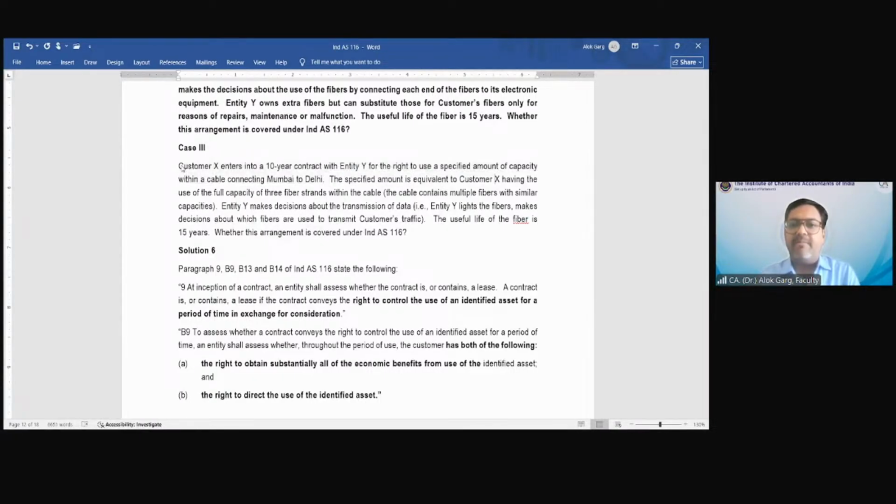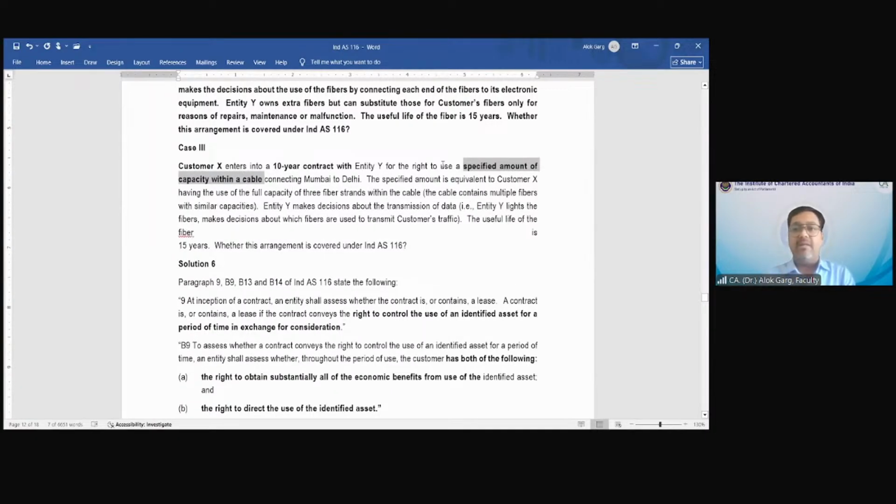So customer X is the lessee, 10 years is the contract, and entity Y is the lessor. The right is to use a specified amount of capacity within a cable, not the full cable.